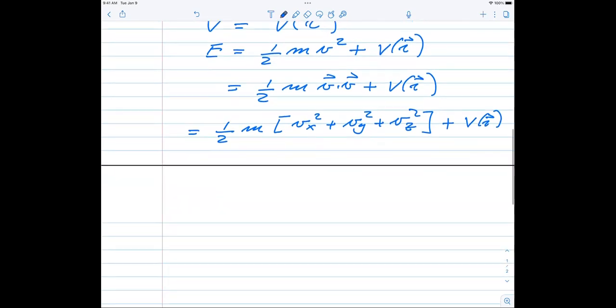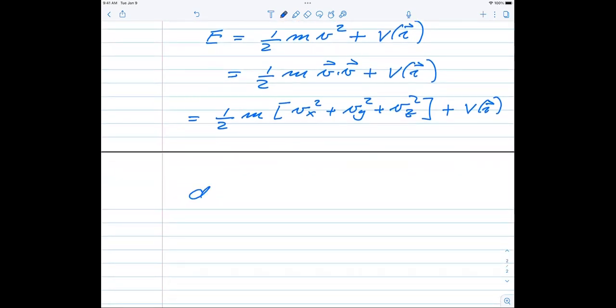Now, what we do next is we take the derivative of the energy, dE dt, and then we take the derivative of the x component, the y component, and the z component. So this is not the most exciting thing we're going to do now. So we would get a factor of 2 times Vx times dVx dt.